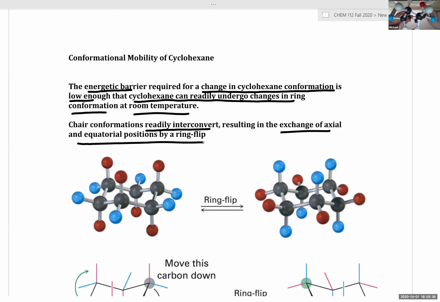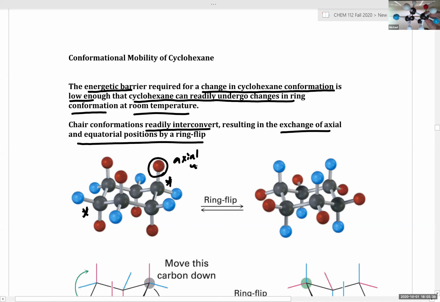So if we circle this, I'm going to star these two carbons. So we see we have axial up and equatorial down, right?